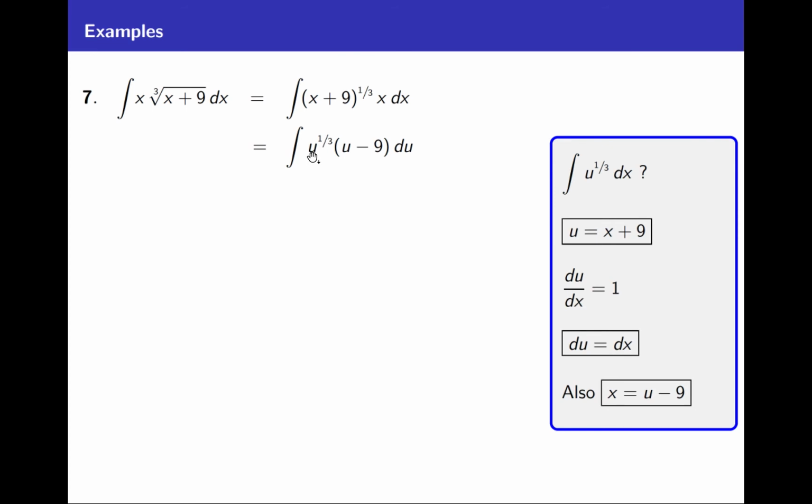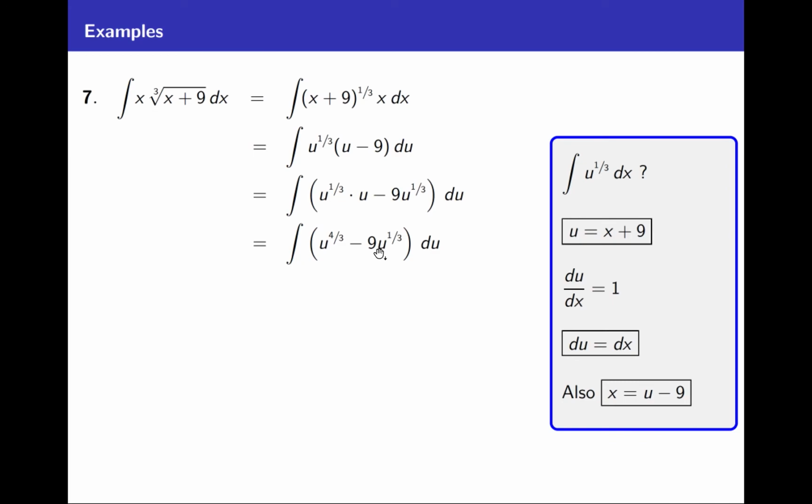We can multiply the u to the 1/3 into the parentheses, distributing it in there. You get the integral of u to the 1/3 times u minus 9 u to the 1/3 du. And let's combine these two terms. That's the integral of u to the power of 4/3 minus 9 u to the power of 1/3 du.